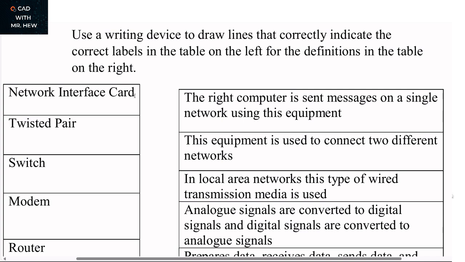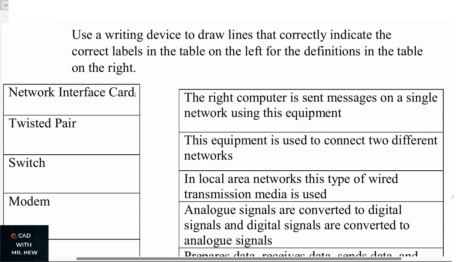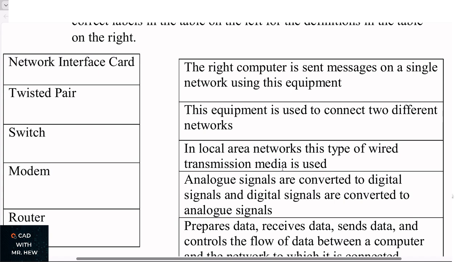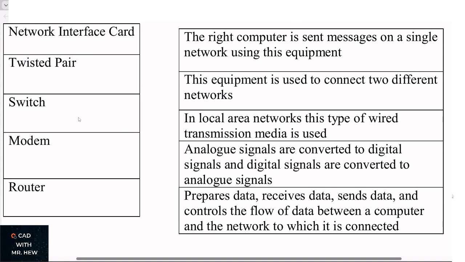So you're going to draw lines from the labels in the left-hand table to the correct definitions in the table on the right. So here it is. Right, so we're going to map these or draw lines to match the correct labels with the correct definition.